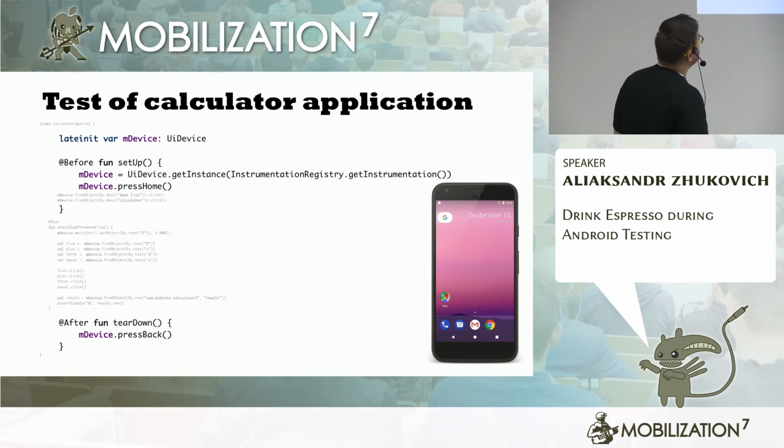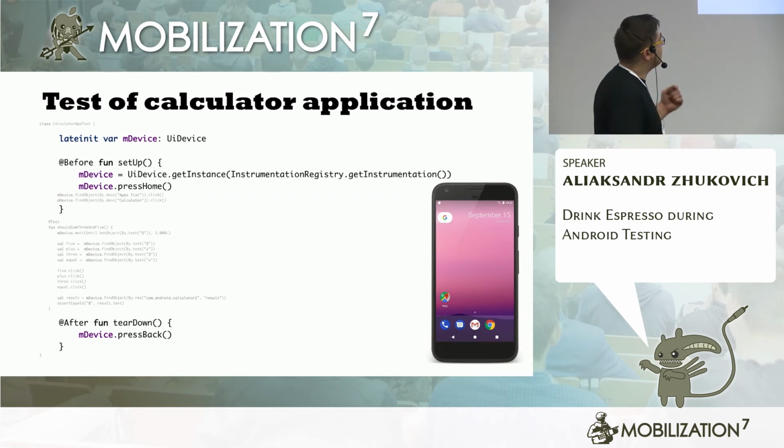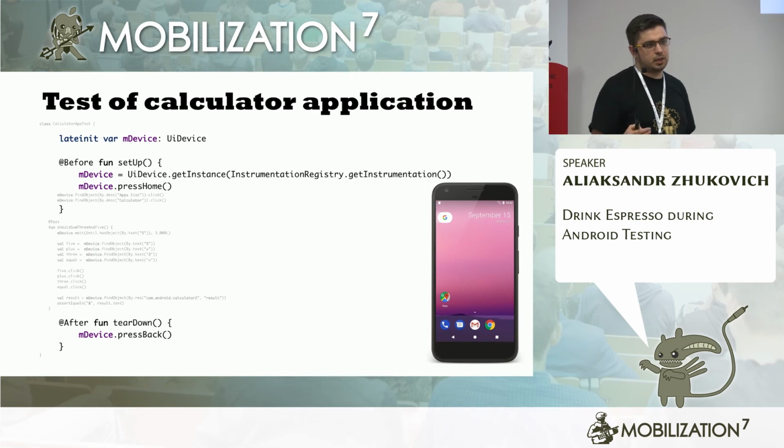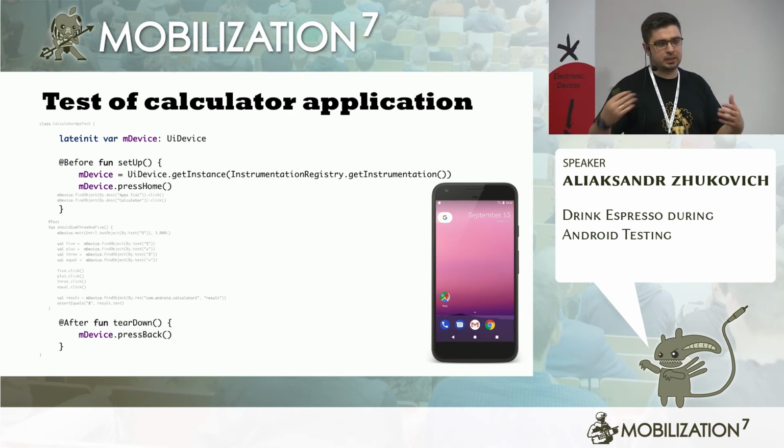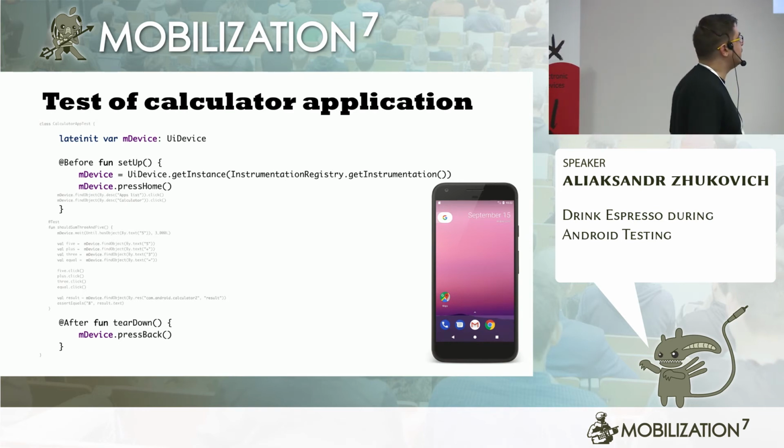The main idea here is that first of all we should create a UI device object and press home, and right now we are on the main screen. And if you test your application in this way, you should also close your application after the test, because if some other application has some state and you just open it and start interacting, it can also be a flaky test.